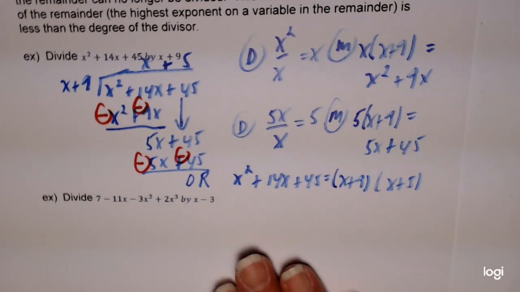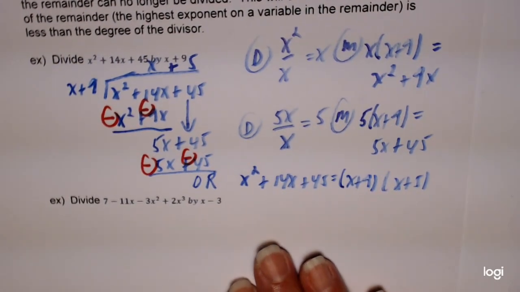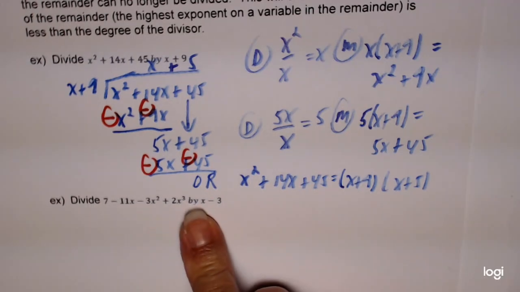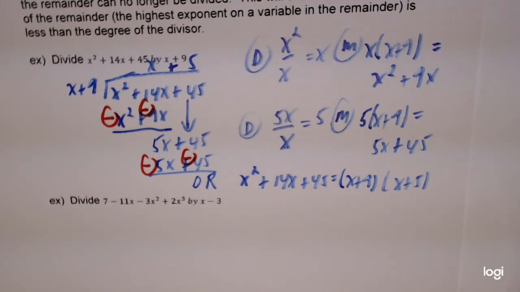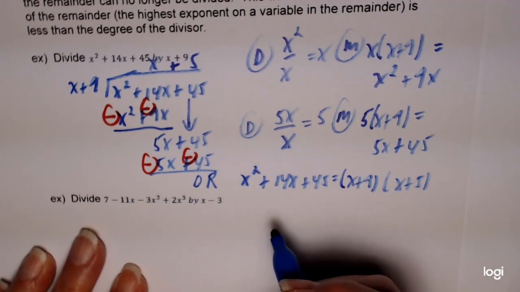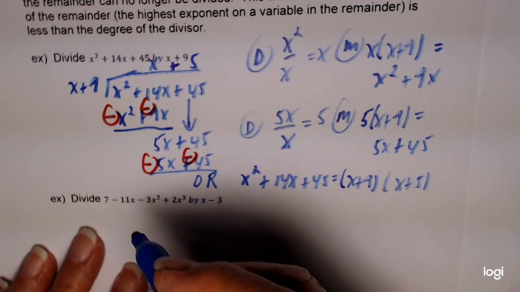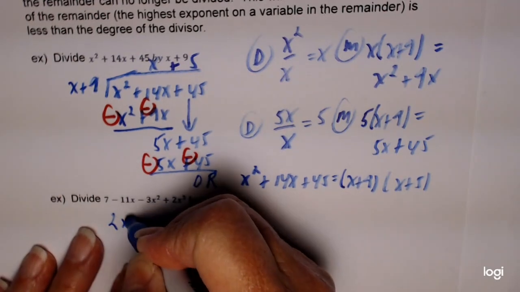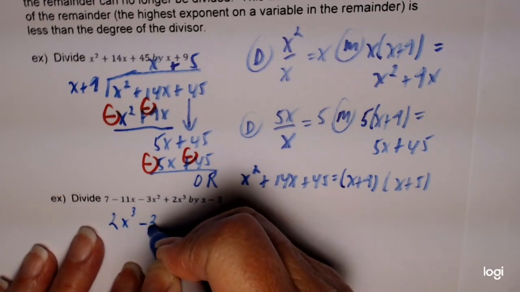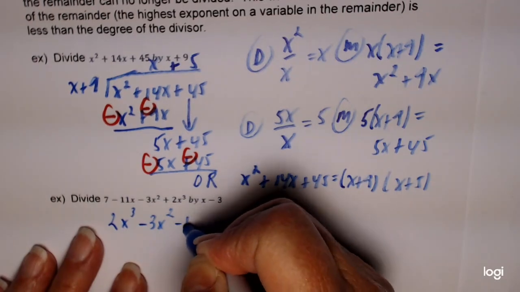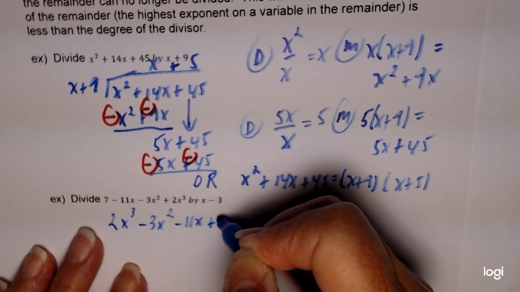Okay, next example here. When we look, we can see it's not written in the order that it needs to. So the first thing we're going to do is write it in the order of descending exponents. I'm seeing an x cubed here is the biggest. So we have 2x cubed minus 3x squared minus 11x plus 7.